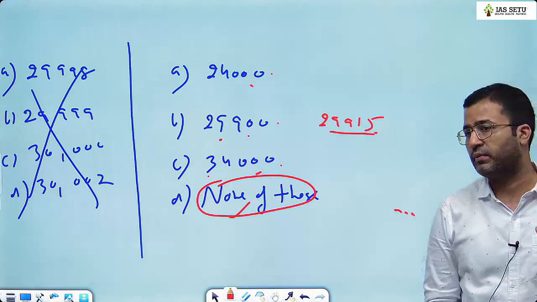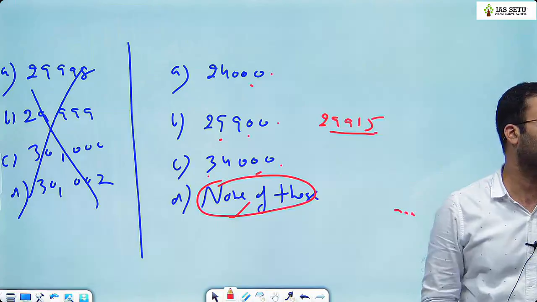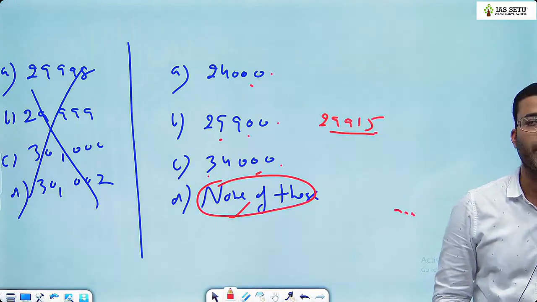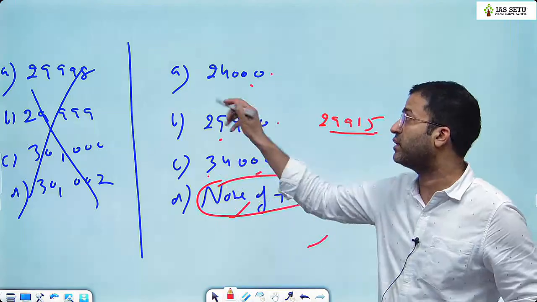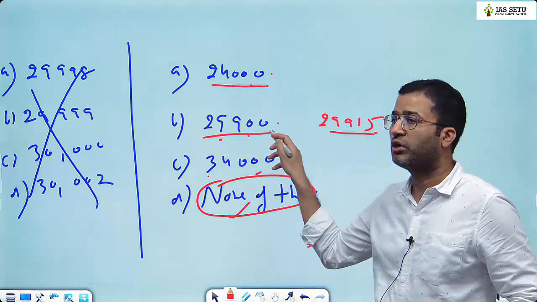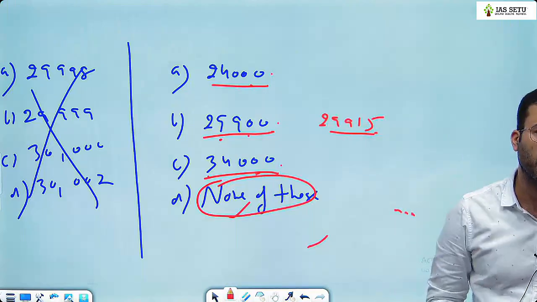This can be done by UPSC. I cannot refuse that, because UPSC can put one of the answer options as none of the above or none of these. None of these means if you are getting any other answer which is not 24,000, 29,900, 34,000, your answer has to be D. You have to mark D.